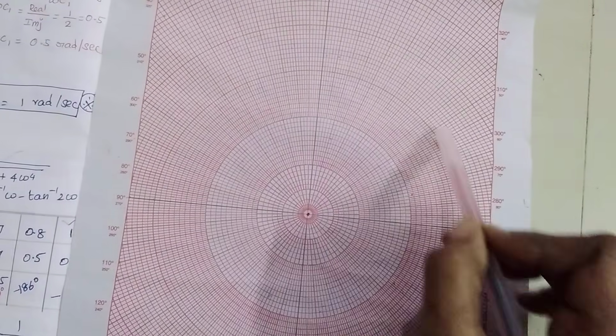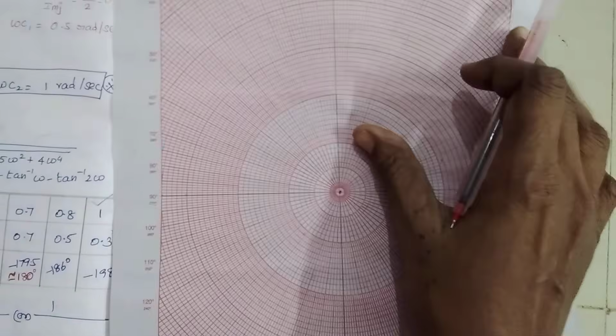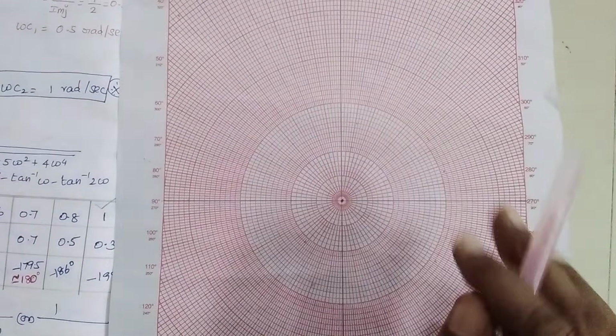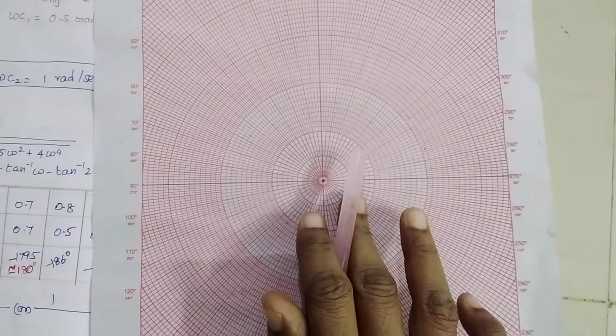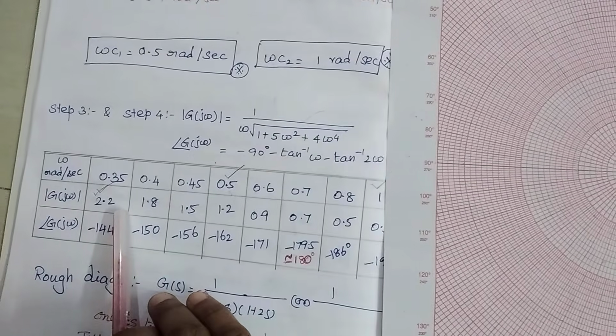Up to the fourth one, you have a full circle, after that you have only partial circles. Maximum we have is 2.2.